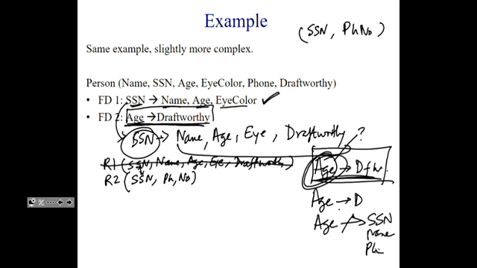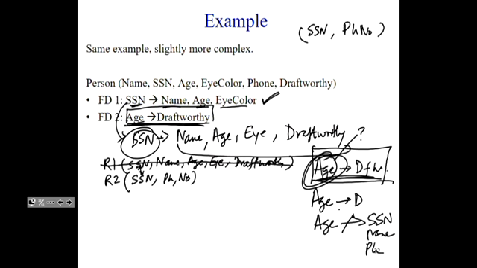Even though this relation satisfies Boyce-Codd normal form via functional dependency 1, it doesn't satisfy it via functional dependency 2, so you still have to break it up. The motivation is that the second functional dependency leads to redundancy.